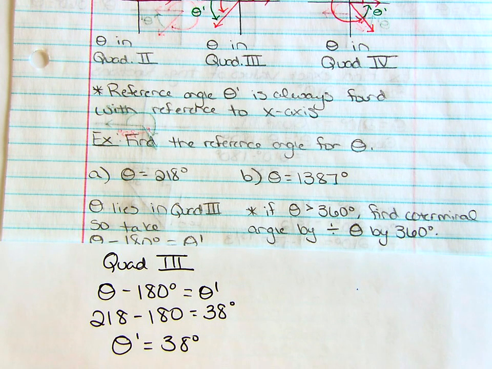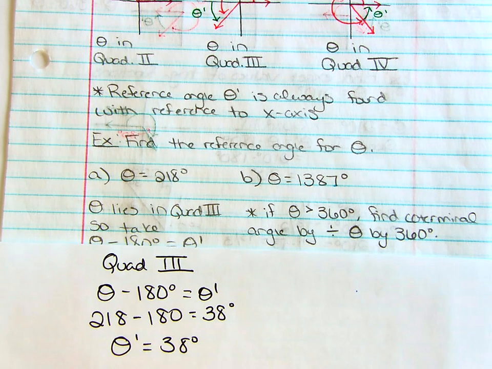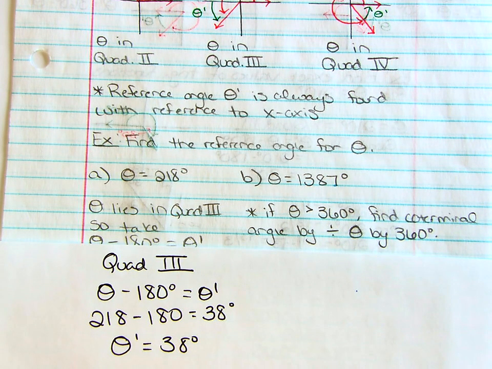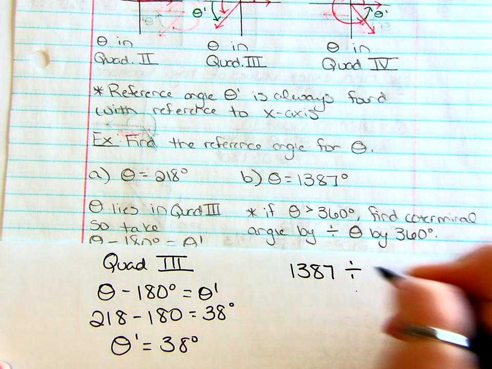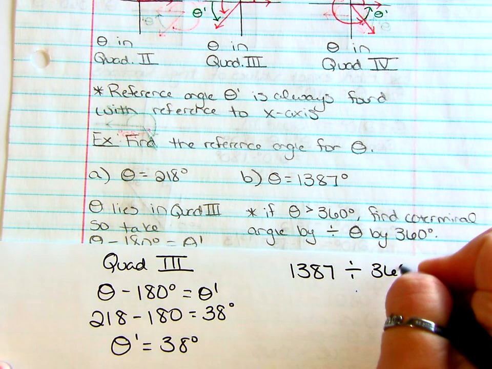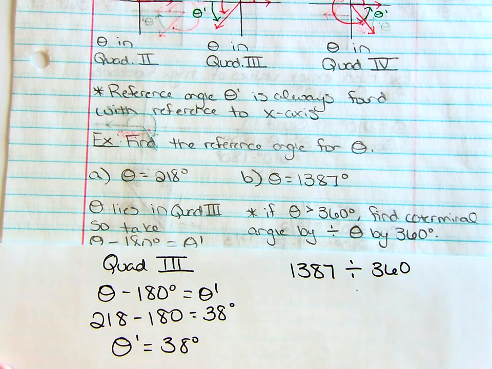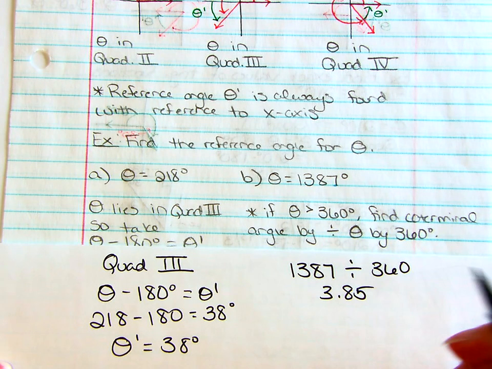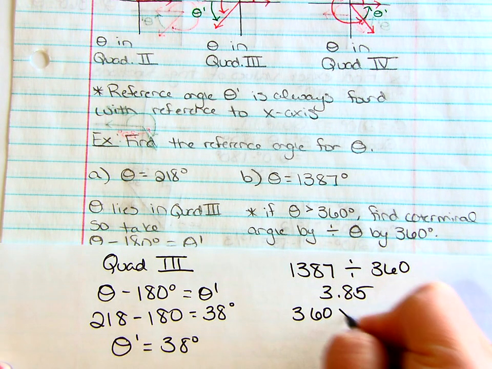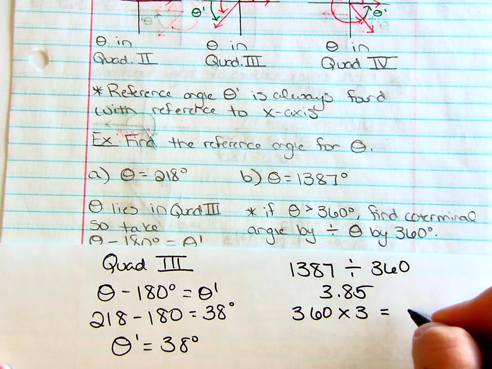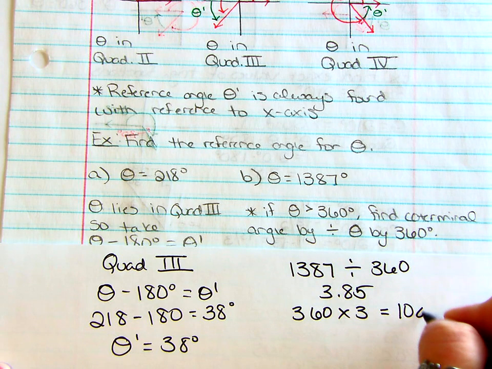If you do the division, it tells you how many times you are subtracting that 360. So if I take 1387 and divide that by 360, I get 3.85. What is 360 times 3? 1080.